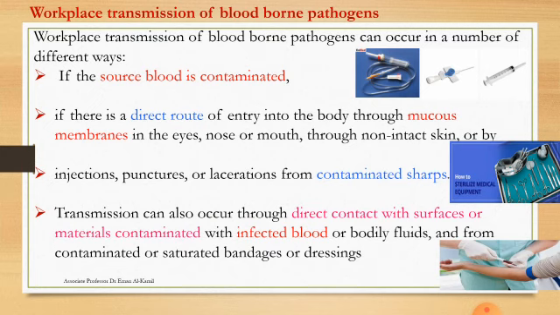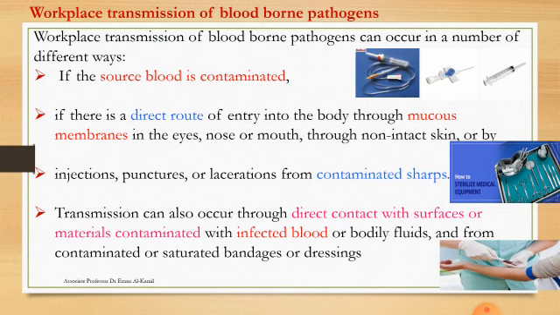It can also occur through injections, punctures, or lacerations from contaminated sharps, the materials or equipment which are used for a patient who has the infection. If it is contaminated with the virus, it can transfer the infection to the health personnel.